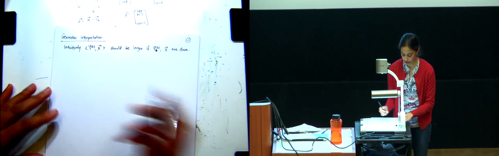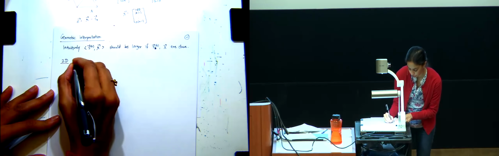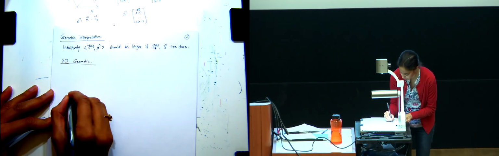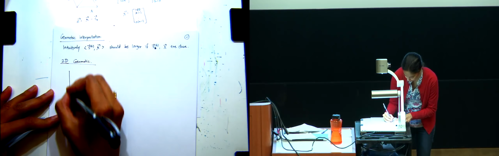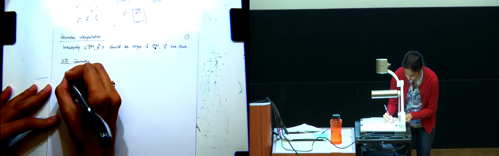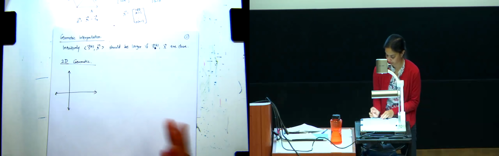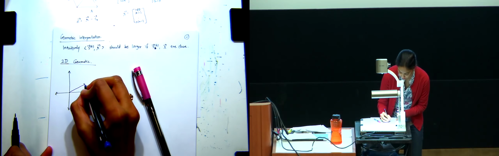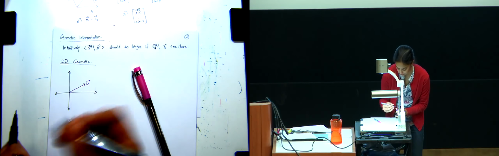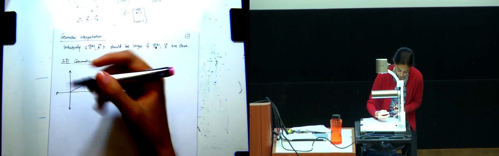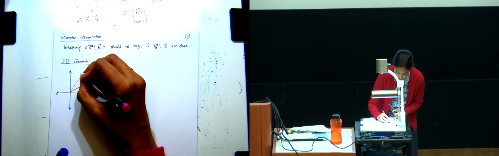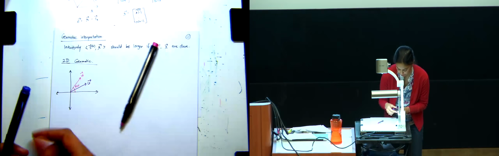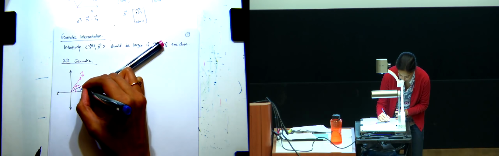And so let's think about this in the 2D geometric case. Let's consider two vectors. Let's say these are our basis vectors here. This is some vector v, and this is some other vector w. Let's say w has angle theta w here, and v has angle theta v here.